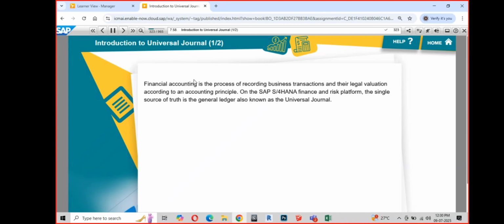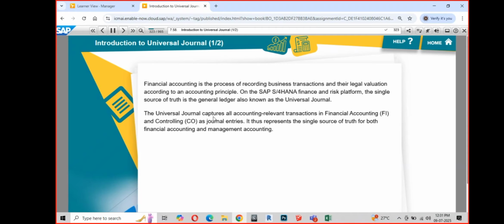So universal journal. What is this? We have already spoken about this in the form of a leading and a non-leading ledger. Can you see this? The leading ledger or the universal journal, whether you want it or not, captures all the transactions.